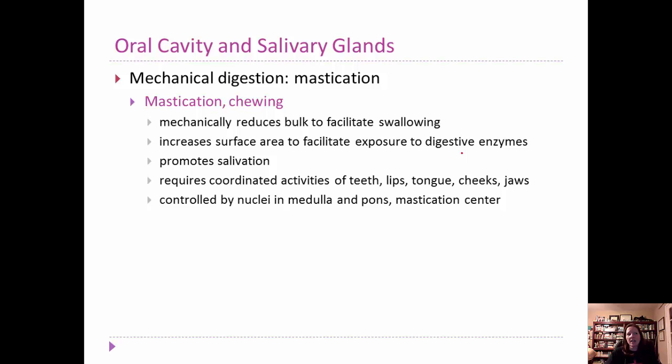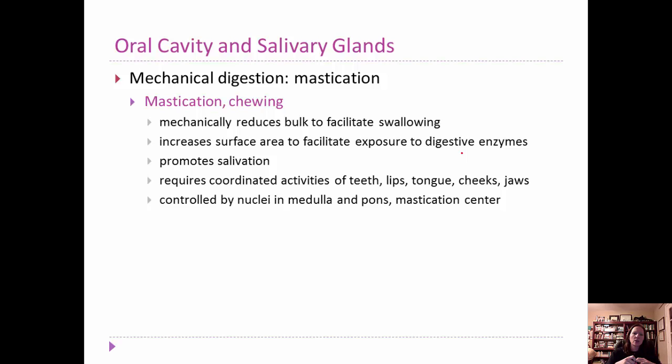Another thing it does is increase the surface area of food so that all that salivary amylase we just secreted is able to be exposed to the food, and we can break down as much starch as possible. Chewing also promotes salivation. Even if you just chew on paper or a piece of plastic, it promotes salivation. You're going to salivate a lot more.